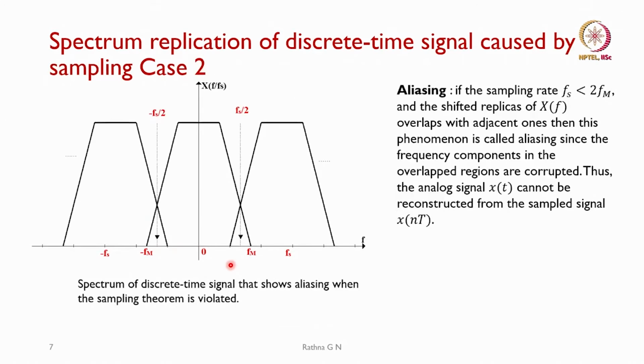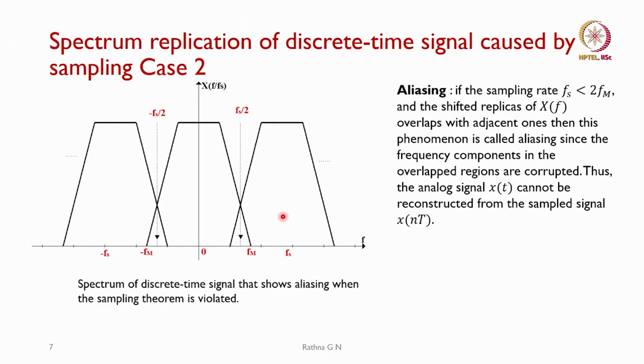In the other case, if fm is more than fs by 2, that is, the sampling frequency is less than twice the maximum frequency component present in our signal, then we will see an overlap. Fs by 2 is here, minus fs by 2 is here, and fm is more than fs by 2. So we will be getting the aliased signal.